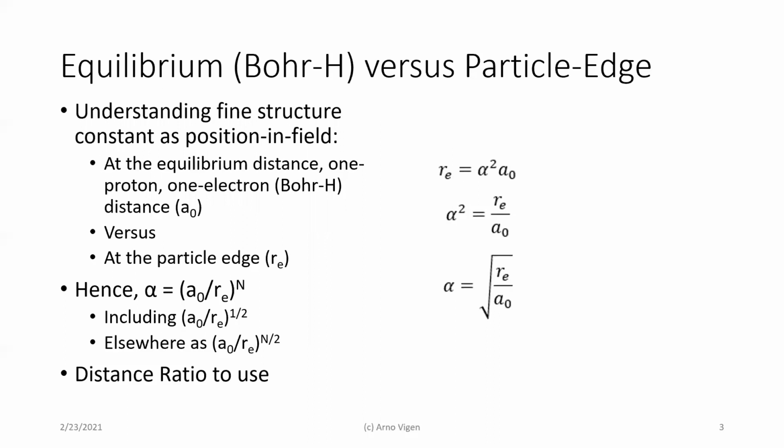But elsewhere, as you combine different ones, you'll see various exponents of n over 2. So 3 over 2, 5 over 2, 7 over 2. And that's for the comparison of different fields, but both using the same scaling factor. Now, by doing it this way, you also can identify which ratio to use. Let me show you.